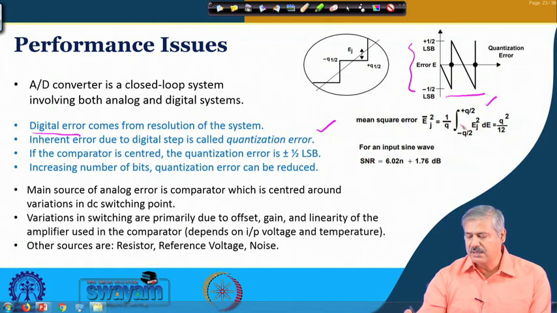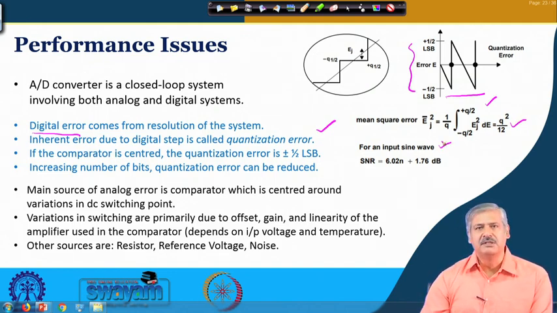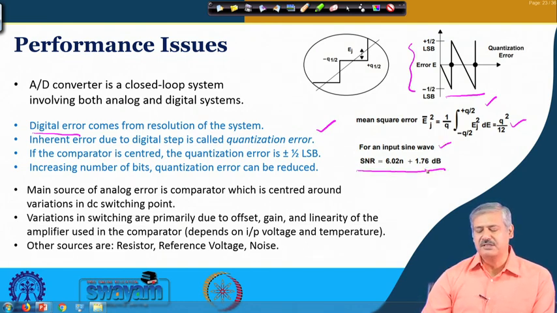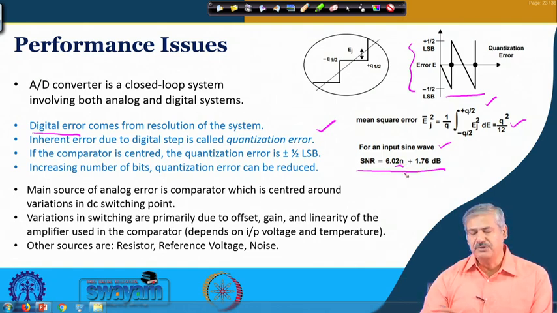This is the integral of E squared dE, and all of them are equally probable. So, the probability of this occurring is 1, and if you integrate, then you can see that it is q squared by 12. And if the input is a sine wave, then the corresponding signal to noise ratio for such an ADC can be calculated as 6.02 into n, which is the number of bits, plus a constant. Often that constant is neglected.